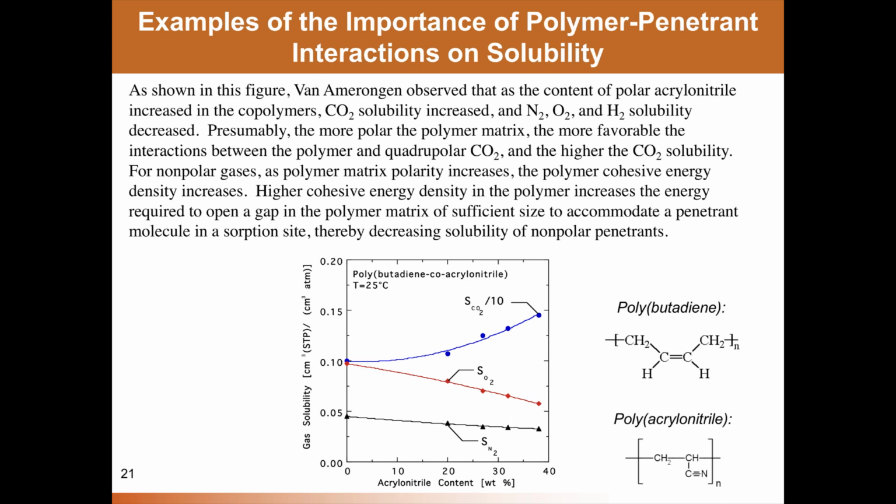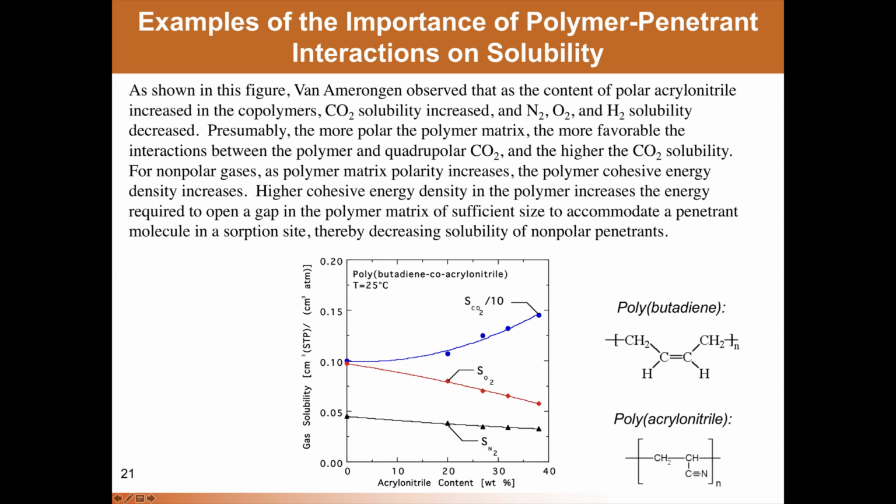They want to be in greater molecular cohesion with one another. And what that means for penetrant molecules is that if a penetrant molecule is going to dissolve into a polymer, there has to be space for it at a molecular level. The polymer segments have to be moved apart in order to accommodate the dissolution of a penetrant.